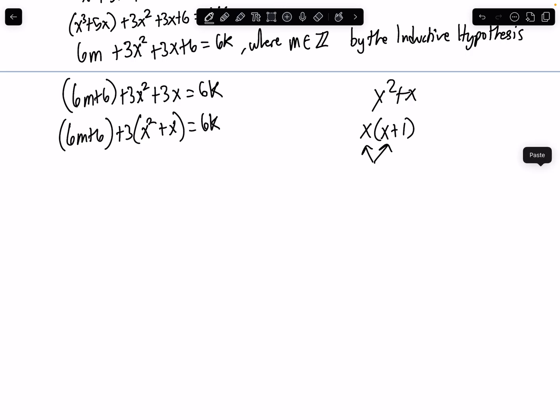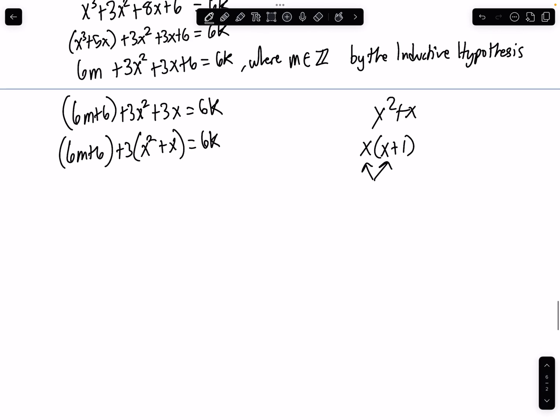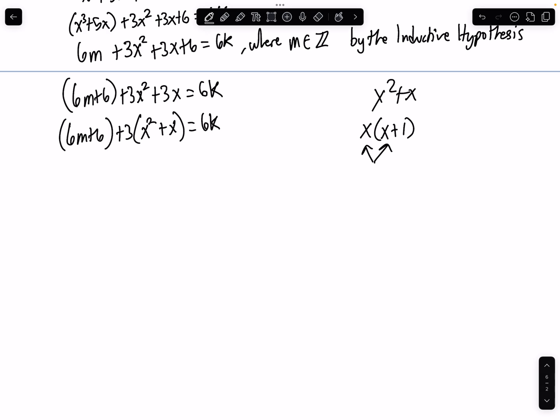If x is even, then this product must also be even. And if x is odd, then x plus 1 must be even, again making this product even. So in either case, this product must be even. Therefore, in any case, x squared plus x must be a multiple of 2.